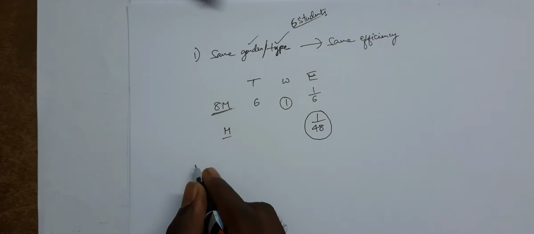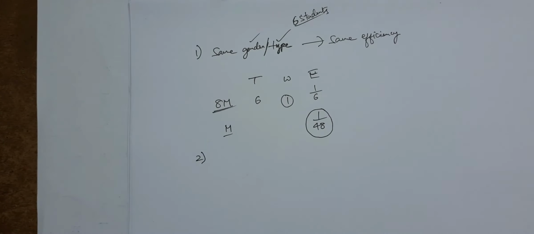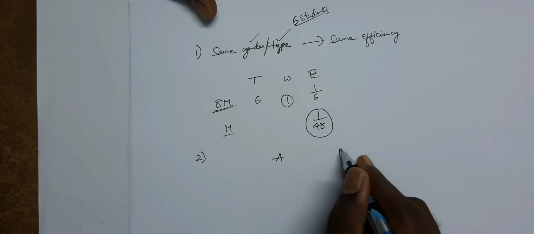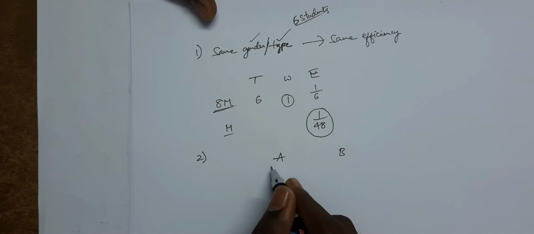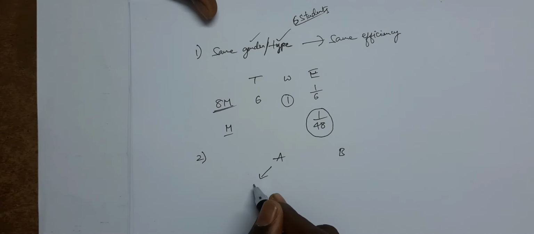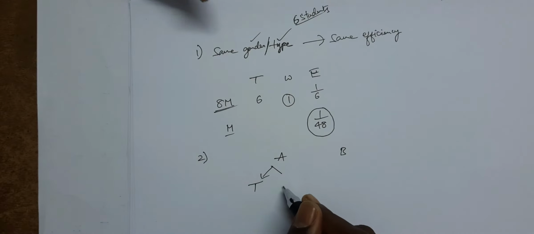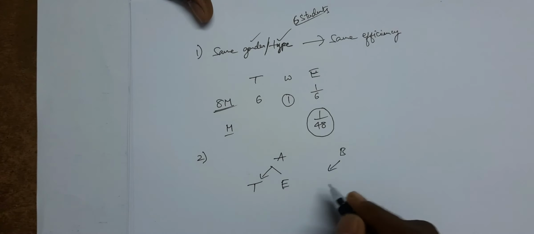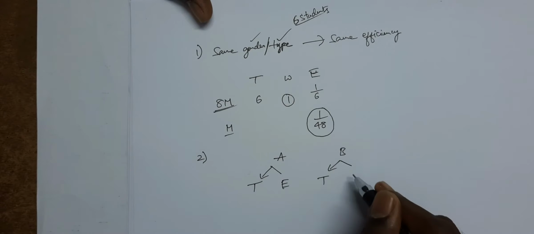Now coming to the second point. The second point is about distribution of salaries. In some questions, they will ask you to distribute salaries between some persons. Suppose, let us take A and B. A worked for some time and he has some efficiency, and B has worked for some time and B also has some efficiency.